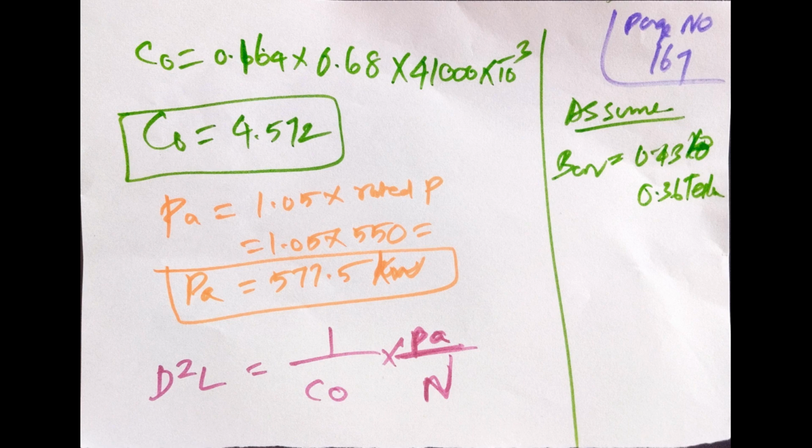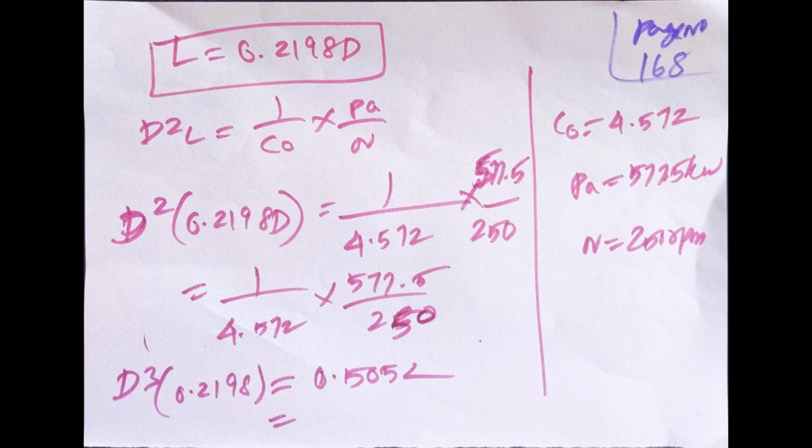D squared L is equal to 1 by C naught into PA divided by N. Putting the values, we obtain D squared into 0.2198 D is equal to 1 divided by 4.572 into 577.5 divided by 250.